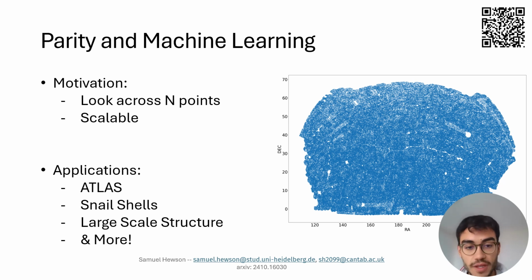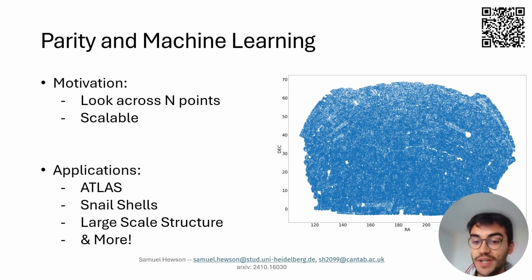In terms of previous applications of this method, it was originally proposed for parity violation searches at the Large Hadron Collider using Atlas deposit data. It's then been demonstrated to work on images of snails because snails are a parity violating population because most of their shells spiral in a specific way.